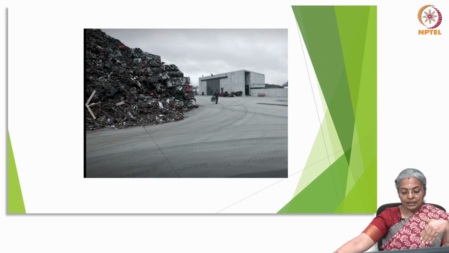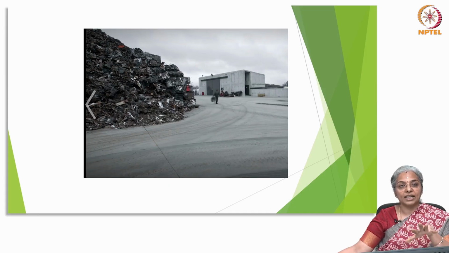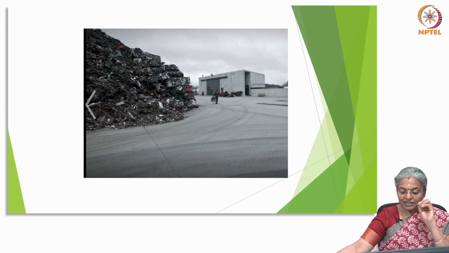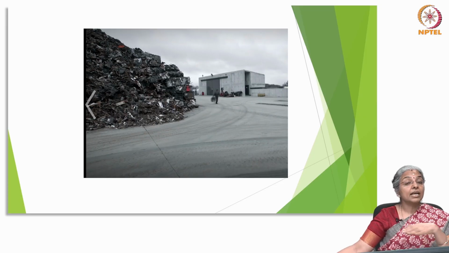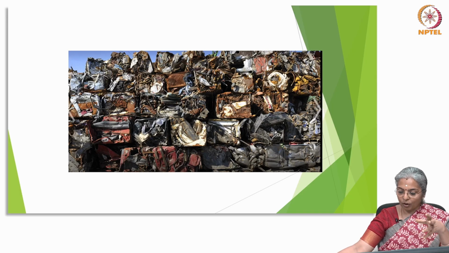There is an example in the US where you had a dumping yard like this, where a lot of dry waste was dumped. This does not contain organic waste, it's all dry waste like leather, paper, cardboard, metal scraps, and so on. What they have tried to do is bundle this up and make it into blocks.